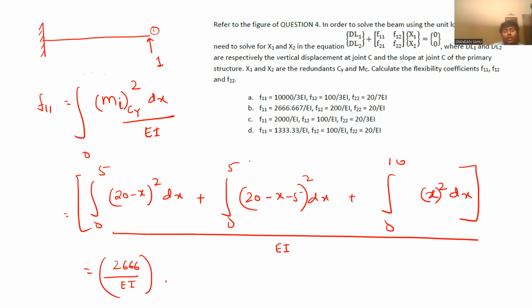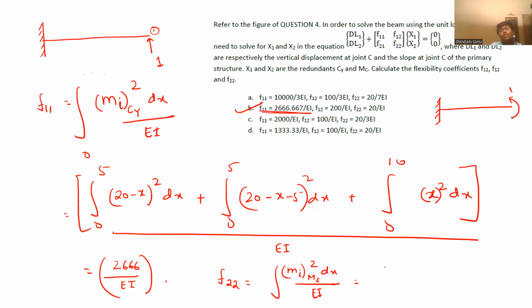Once you are done with F11, you are getting an option. So B is the correct answer. Now, if you have to calculate F22, what do you have to do? MI due to MC square dx upon EI, integration, and here all m are 1.